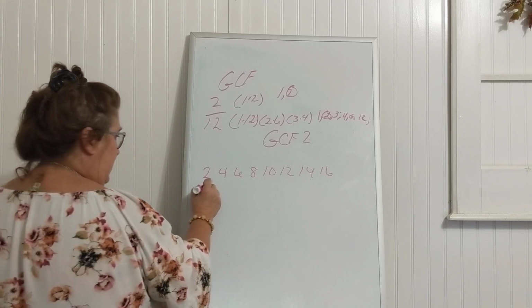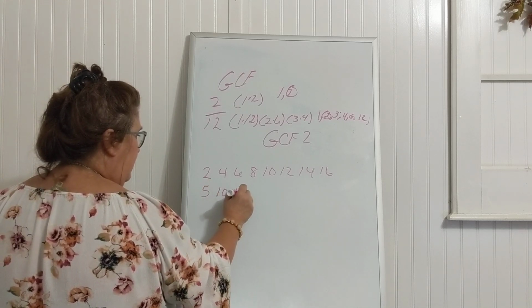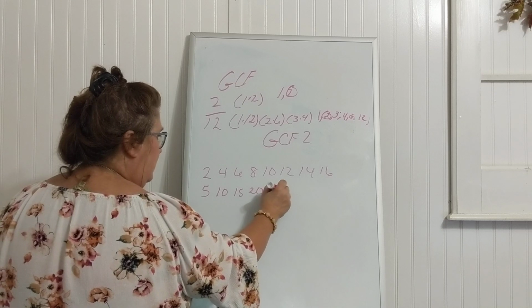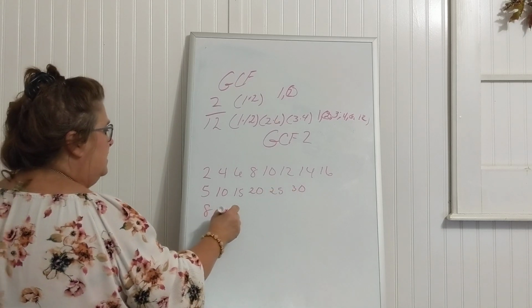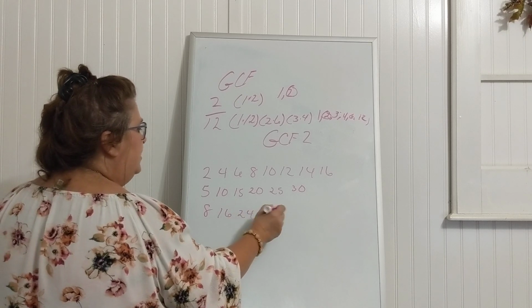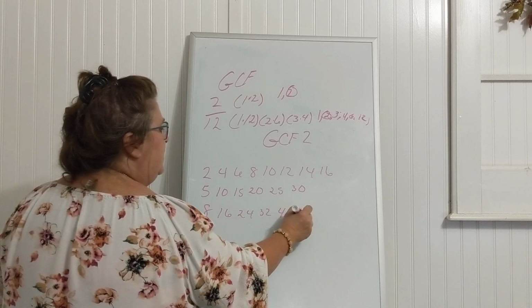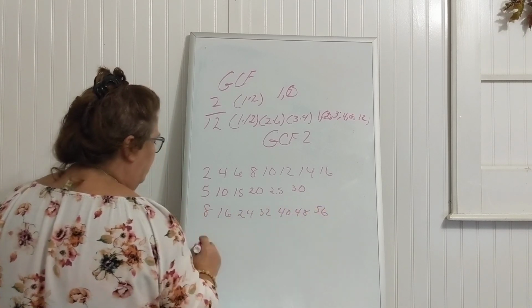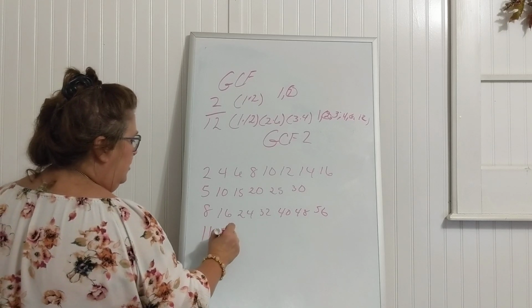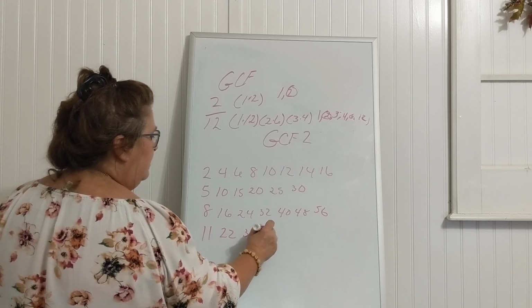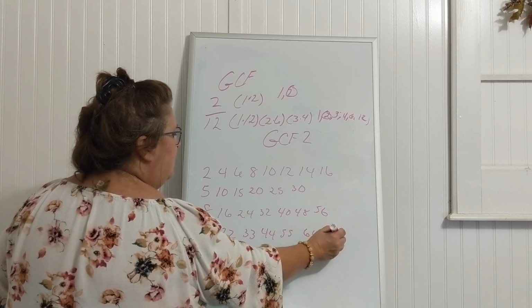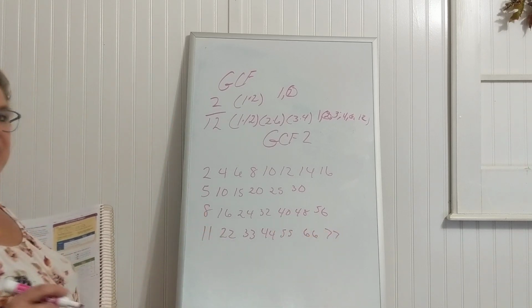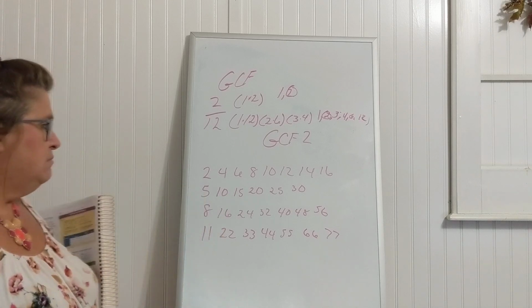Multiples of 5 are 5, 10, 15, 20, 25, 30. Multiples of 8 are 8, 16, 24, 32, 40, 48, 56. Multiples of 11 are 11, 22, 33, 44, 55, 66, 77. When we count by a number, those are its multiples.